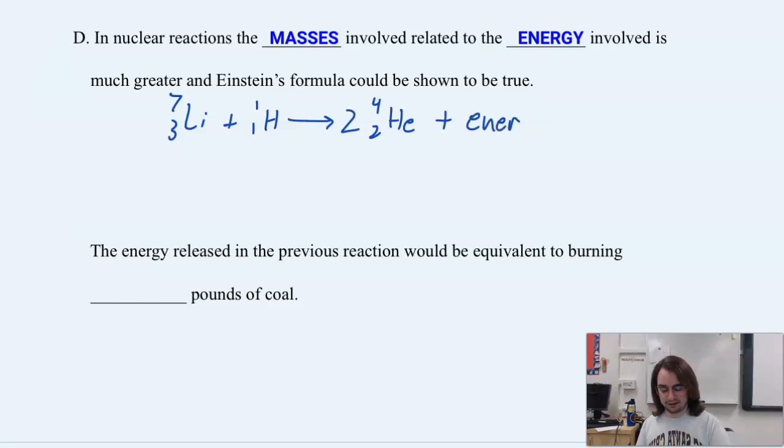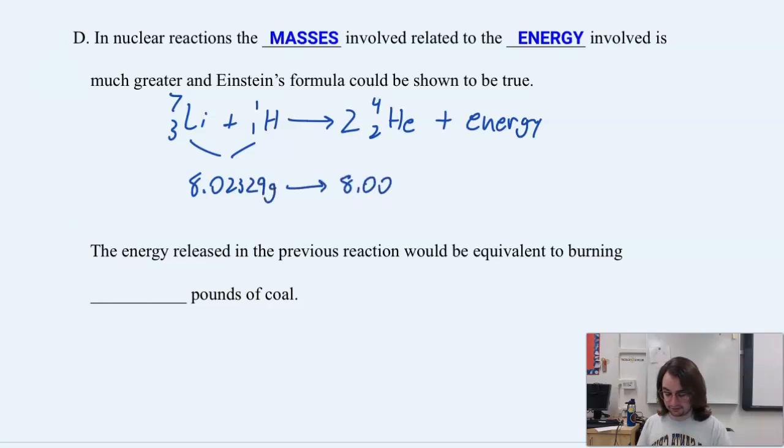If we were to calculate the total difference in the mass, everything on this side has a mass of about 8.02329 grams. That's turning into 8.00520 grams. You might be thinking, well, that's not that big of a difference in a change in mass. I mean, it's only a change in mass to the 100th or 1000th place. But when we're talking about the atomic scale, that's actually a pretty big deal.